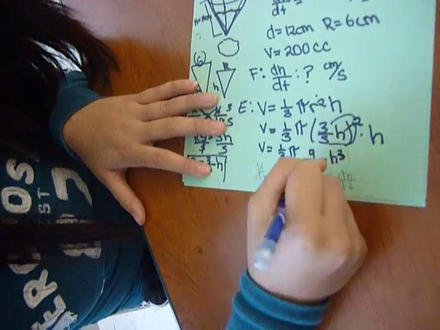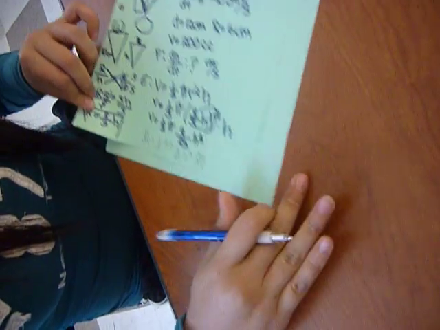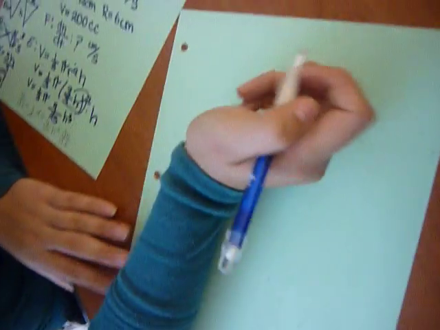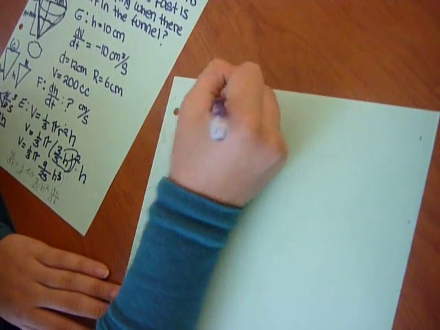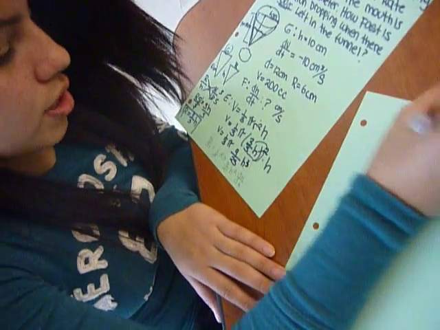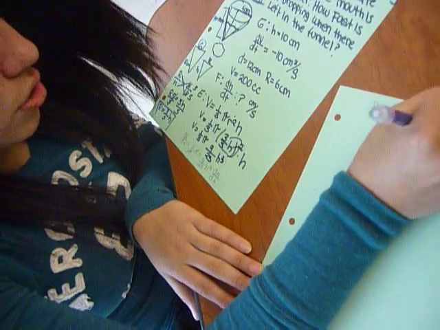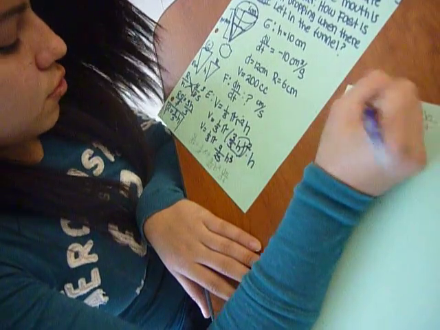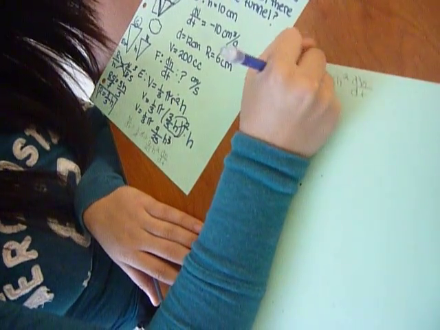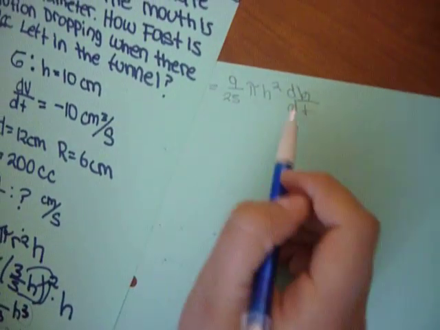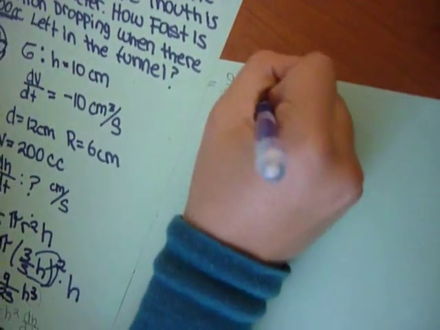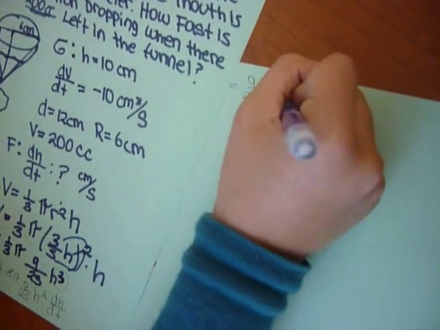And now we'll just have, on our new sheet of paper, 9/25 pi H squared dH over dt equals dV over dt. So we know what dV over dt is from our givens. We know we're looking for dH over dt, but we don't know what H is. We need to know what H is.